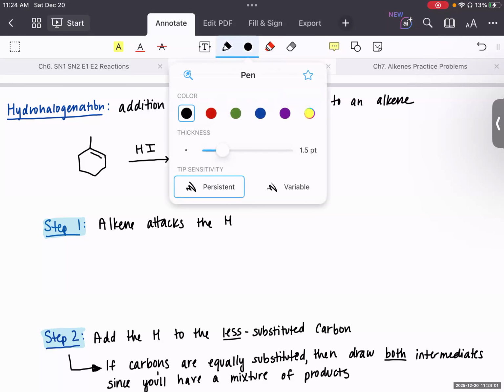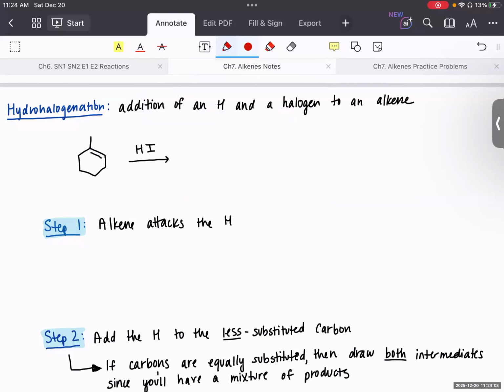So for this reaction, we have this reagent, which is usually an acid, so it'll be something like HI, HBr, or HCl, which are the most common examples that you'll encounter.